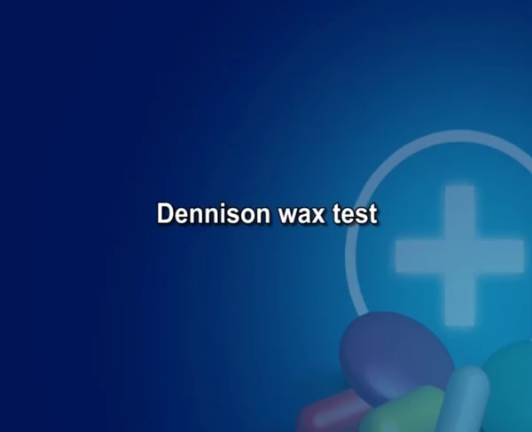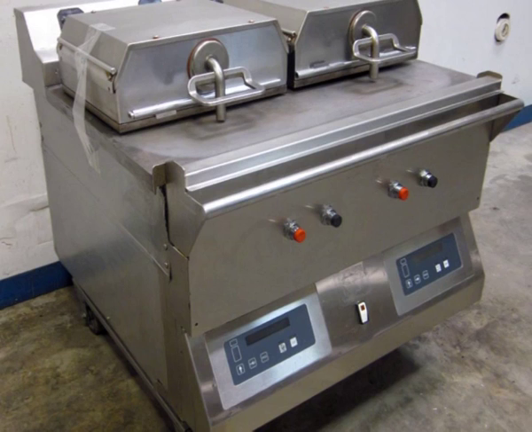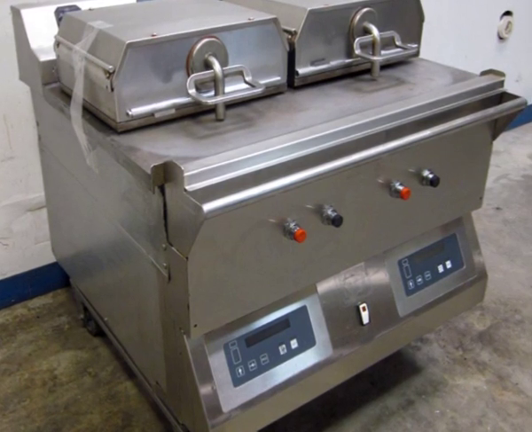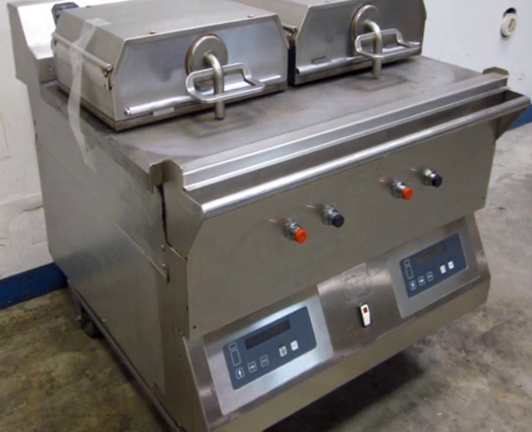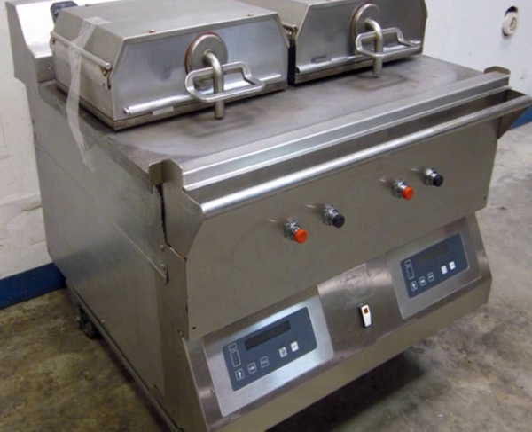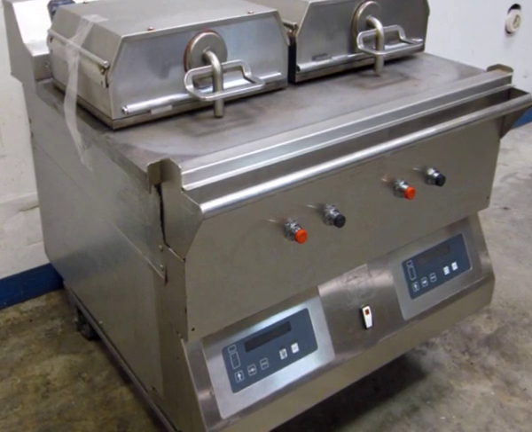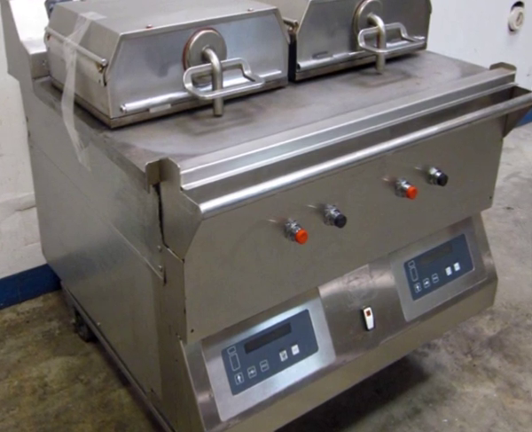Number 23. Denison wax test. This is an older test that was largely replaced by the IGT test, but is still used by some older paper and board mills. It consists of a series of specialized waxes which are heated to a specified temperature, placed on the paper surface, left to cool, then removed.